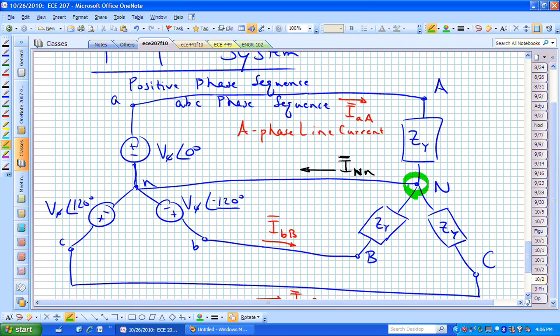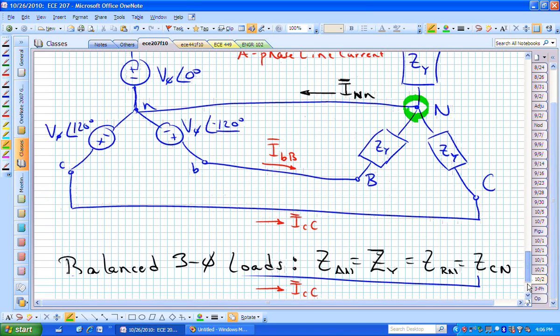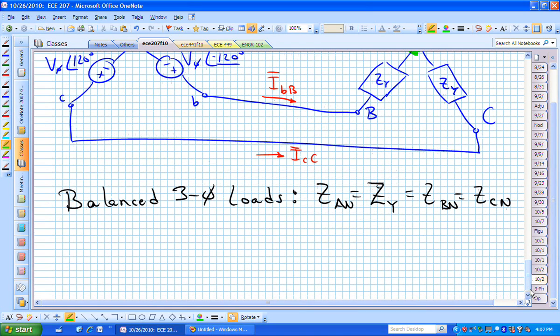In that interconnection by KCL, we have I sub n is equal to I sub AA plus I sub BB plus I sub CC.